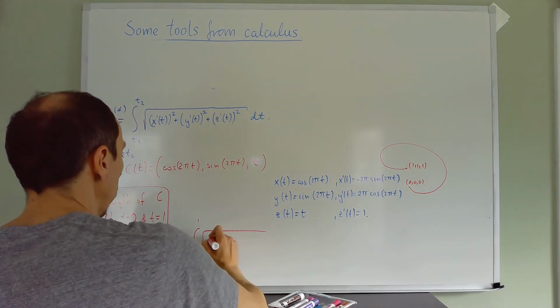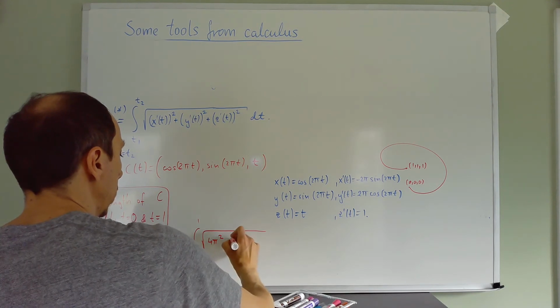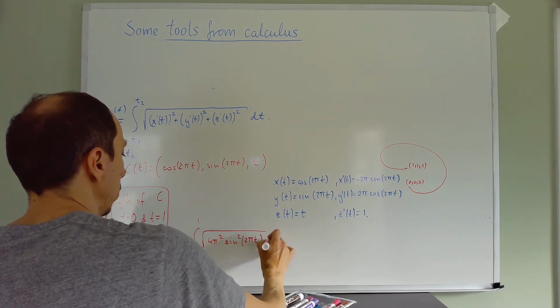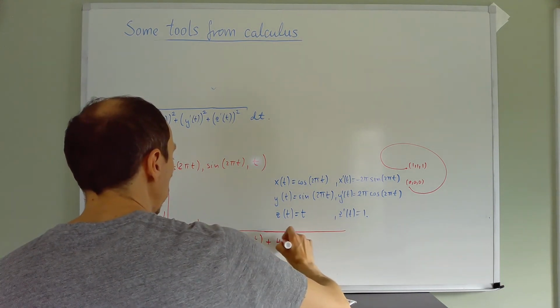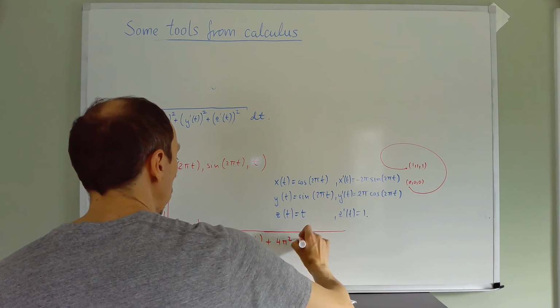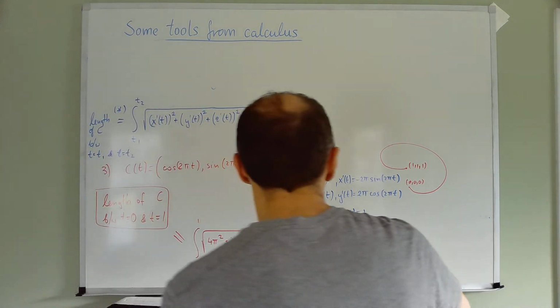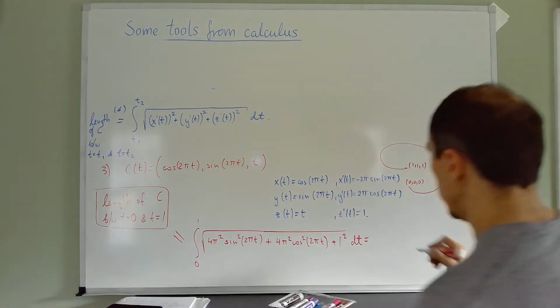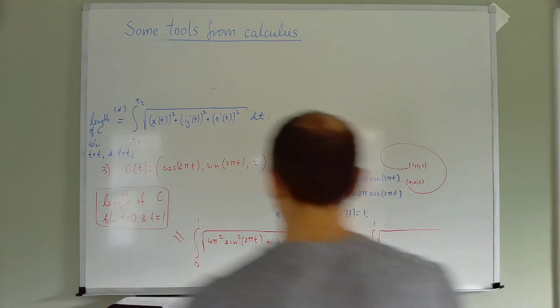So that's going to be 4 pi squared sine squared 2 pi t plus 4 pi squared cosine squared 2 pi t plus 1 squared dt.